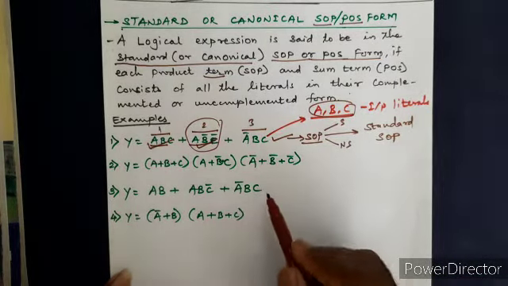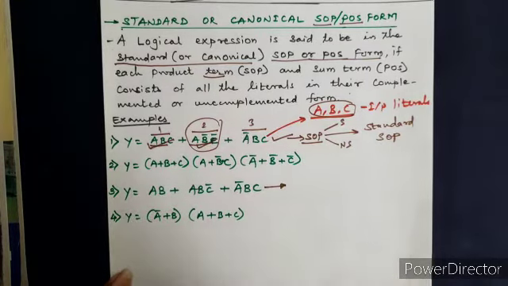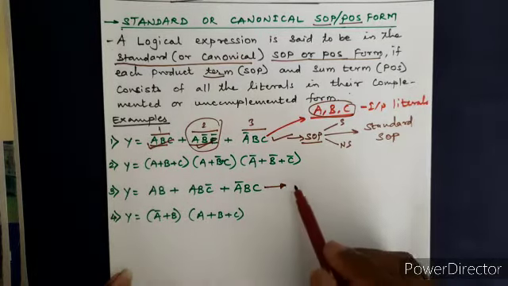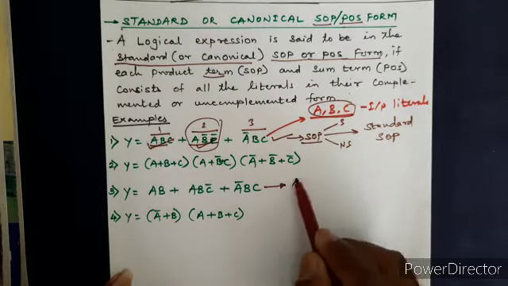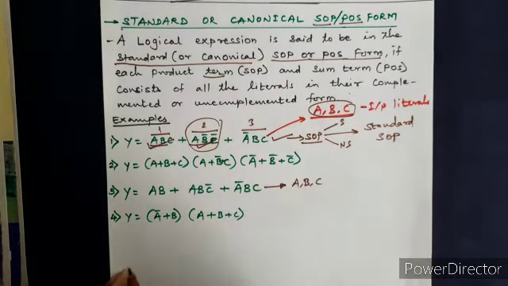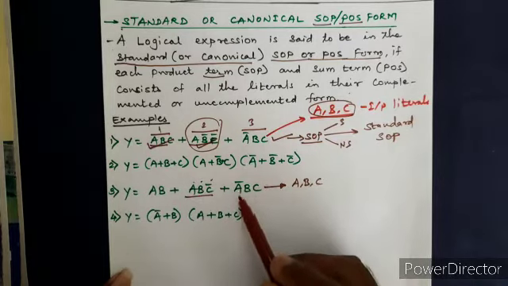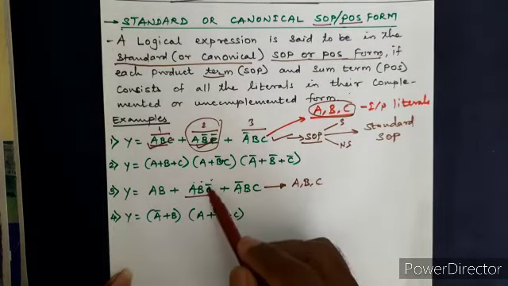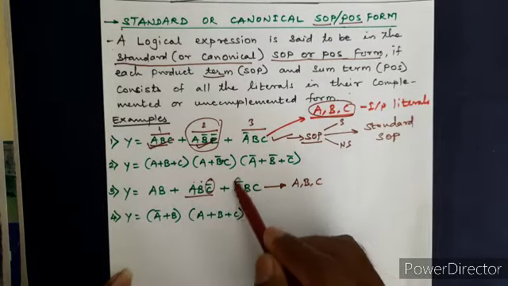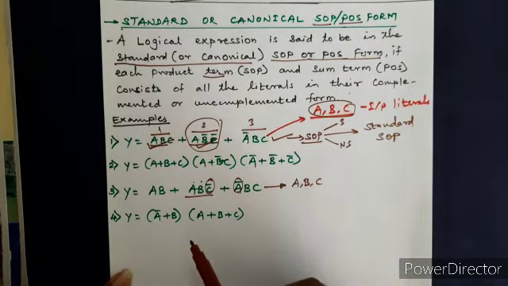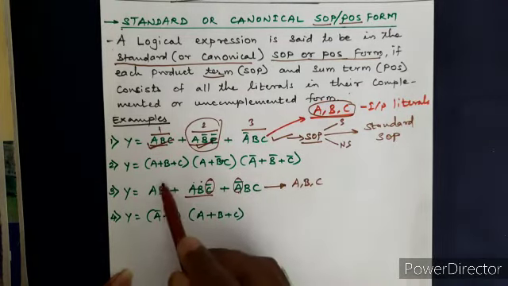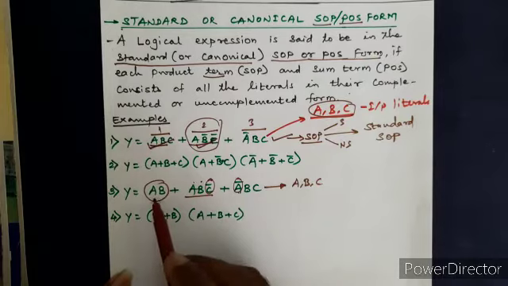Consider this equation. Now here the literals are A, B, C. Here we have A, B, C. Here we have A, B, C. C is in complemented form and A is in complemented form. Okay, now see here: we have only AB.